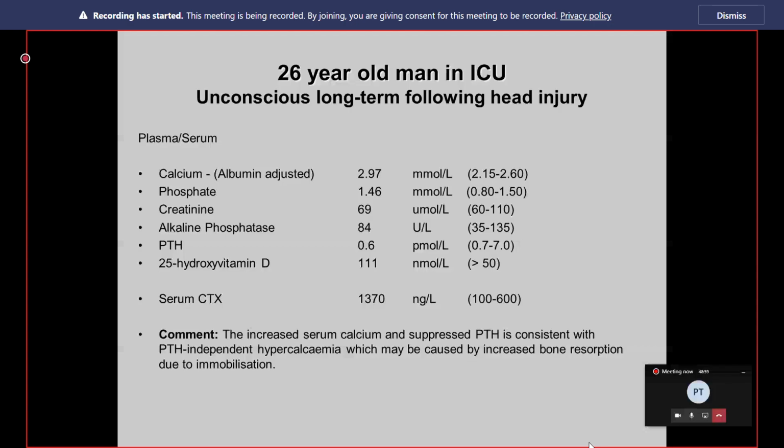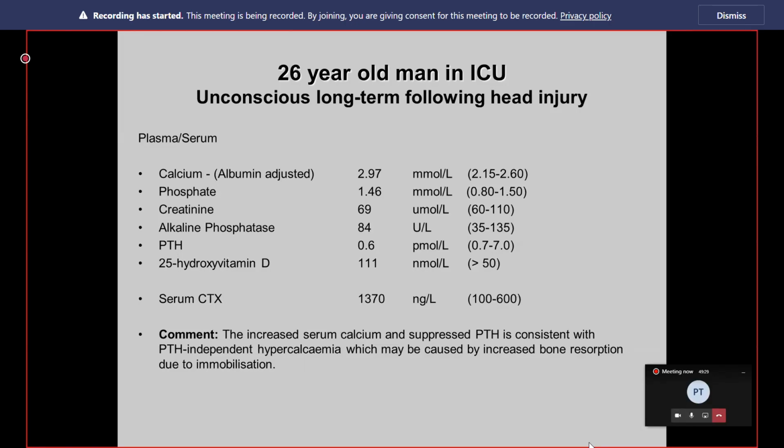The increased calcium and suppressed PTH is consistent with PTH-independent hypercalcemia, which may be caused by increased bone resorption due to immobilization. And we do see this from time to time in our hospital, usually in ICU patients or tetraplegic patients in a rehabilitation hospital if they are totally immobile.